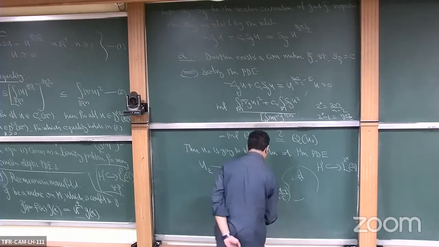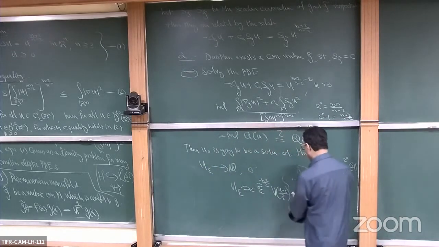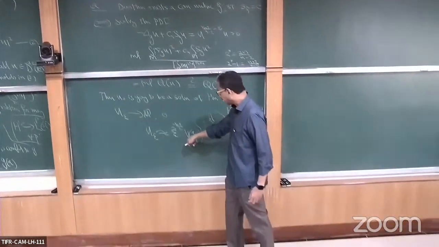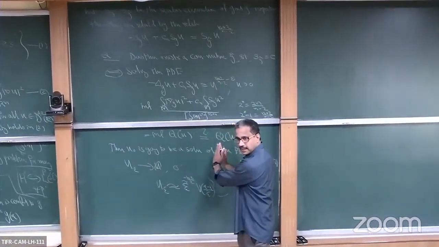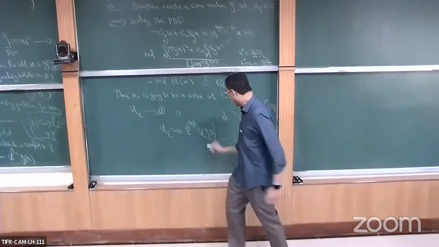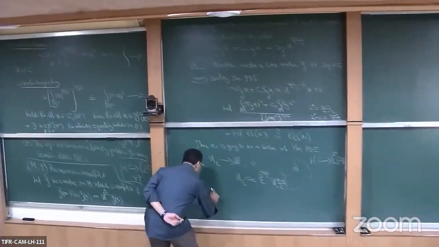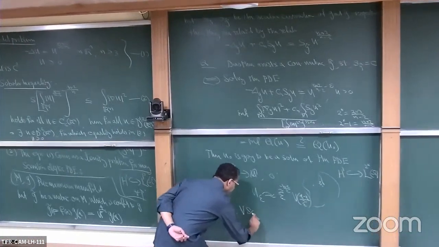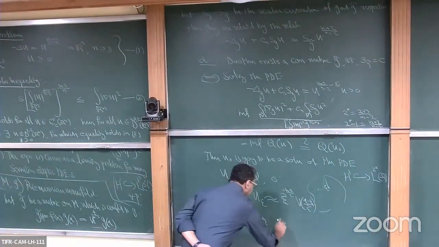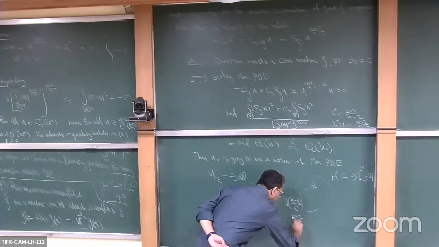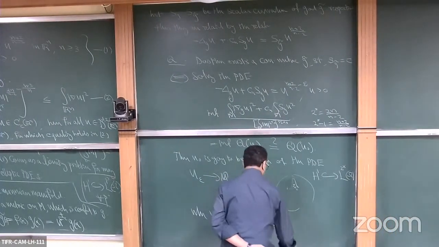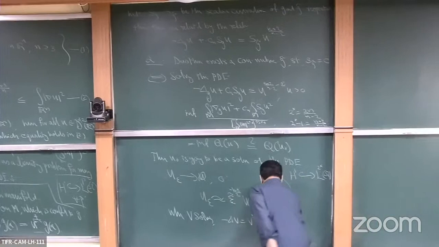You have a basic function v, and this function is basically concentrating. Okay. And what is this v, and what does it solve?